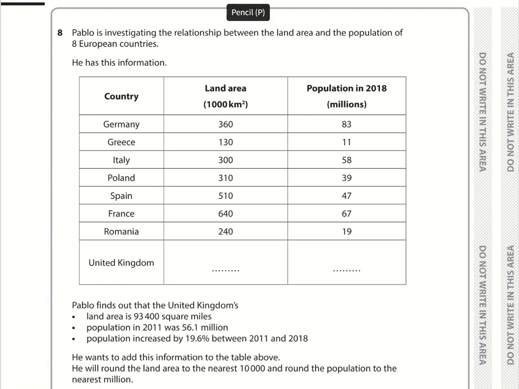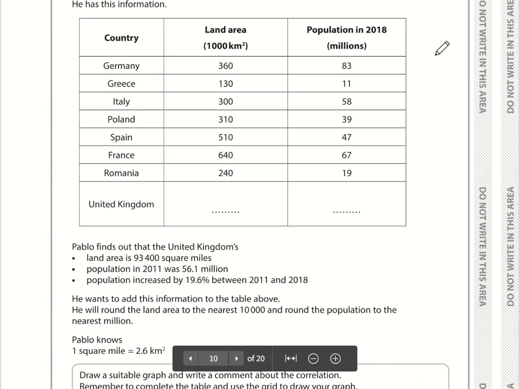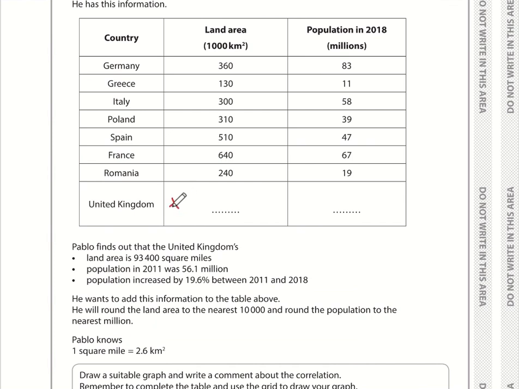Okay, so question number 8. Pablo's investigating the relationship between the land area and the population of 8 European countries. So we've got an incomplete table, so we need to fill in here for the UK, for the land area and the population. Now for the land area, notice that this is kilometres squared, and it's written in 1,000 kilometre squares, and we've been told that it's 93,400 square miles.